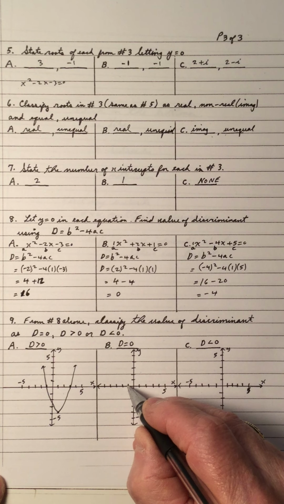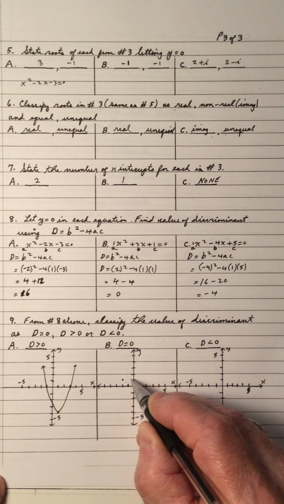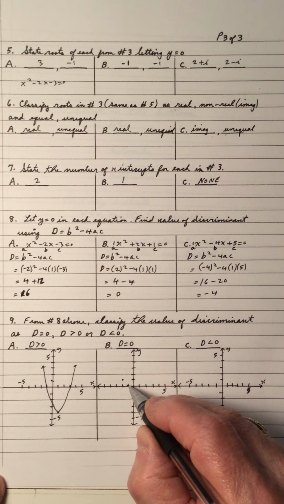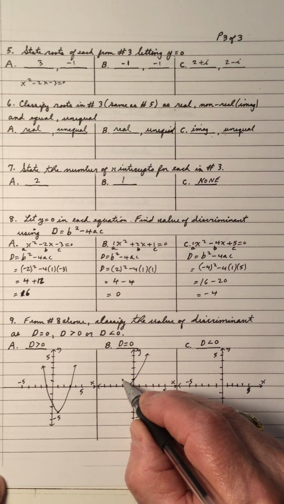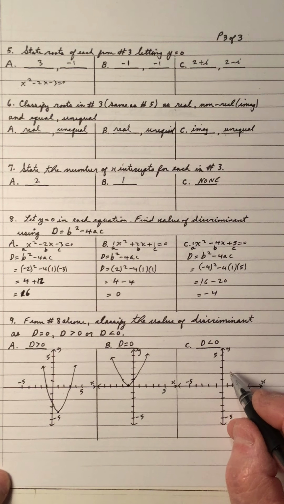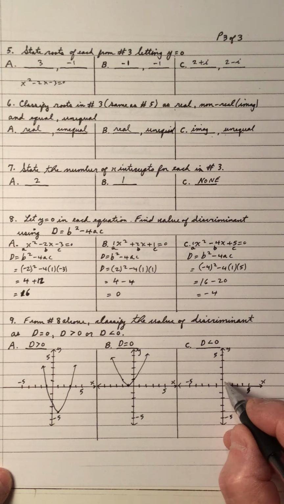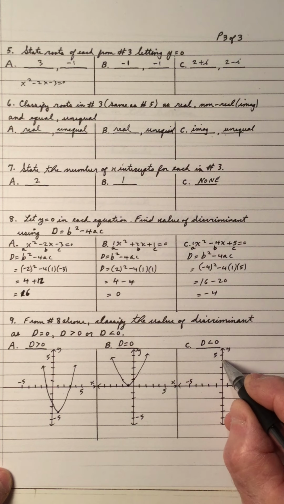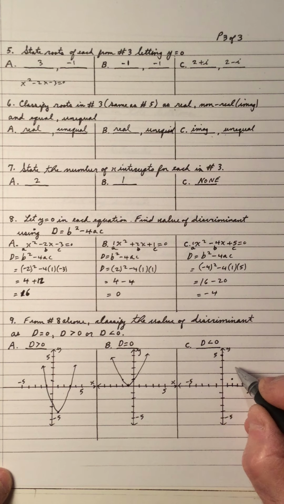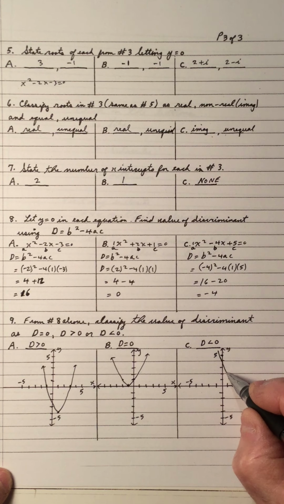The x-intercept is negative 1. Remember, I made a mistake and put it at 1, so put it right here. The vertex is 2, 1. The y-intercept is 5. So the parabola does this.